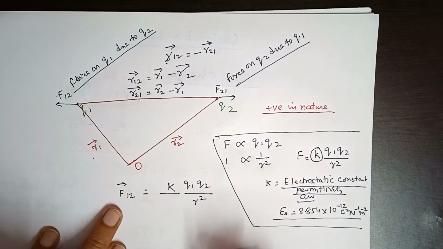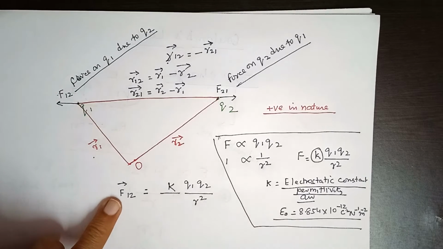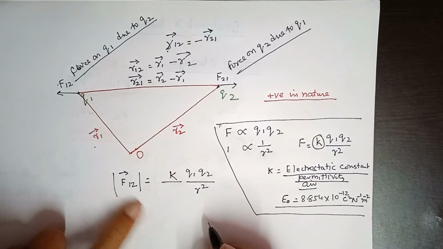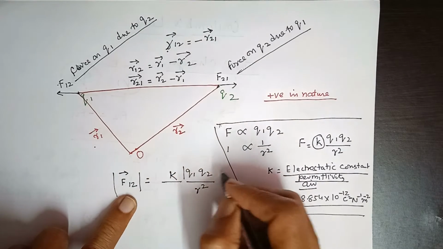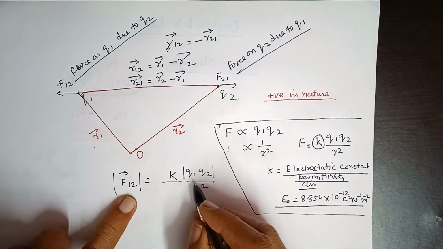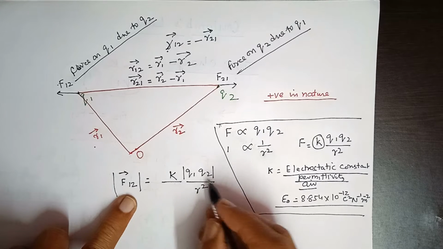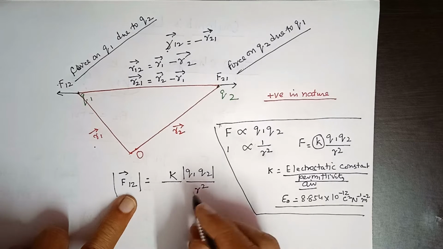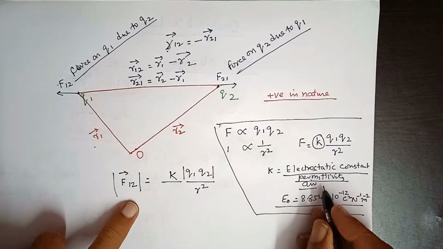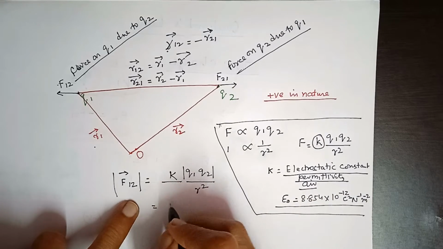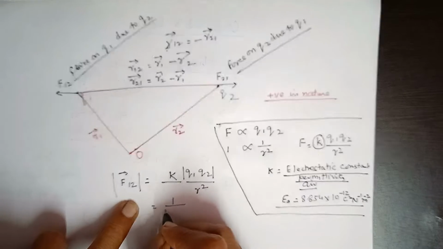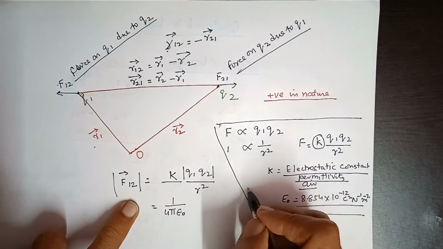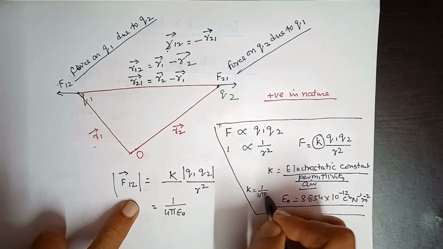As force is a vector quantity, if we take the magnitude of the force, then no positive or negative sign will be taken, and if air is the medium between the two charges, the value of k is equal to 1 by 4 pi epsilon naught.